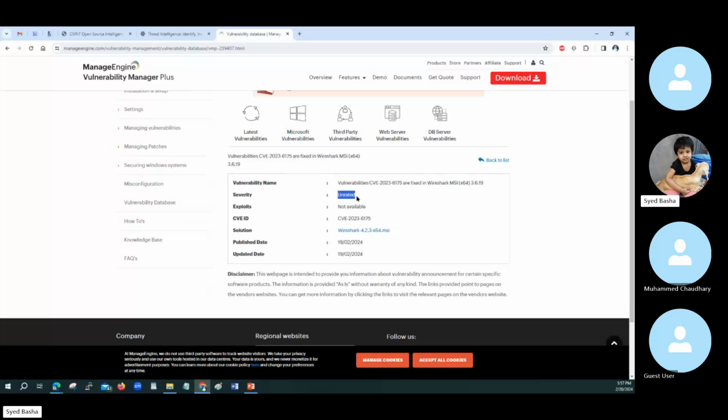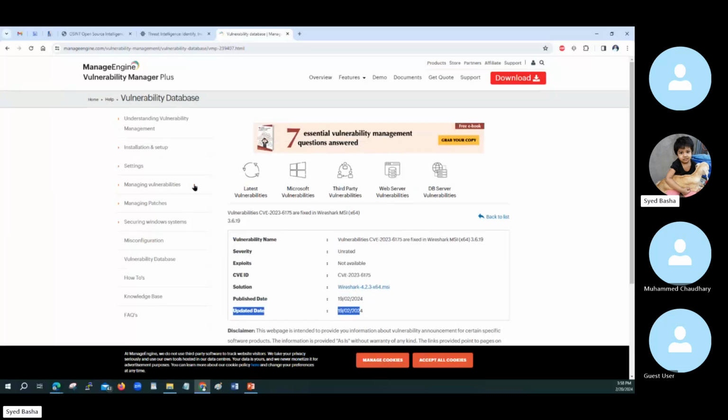They cannot claim the severity, whether it's critical, normal, low, or high. Exploits are not available. The CVE ID is this. And the solution is this. If you click here, you can get Wireshark Pro, the software. The published date is this, and the updated date is this.